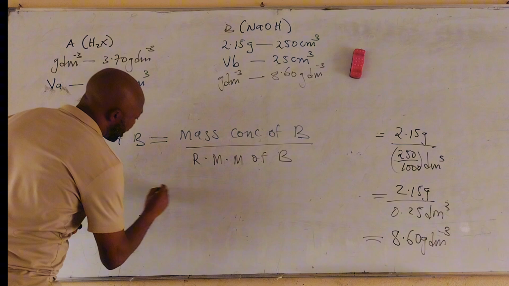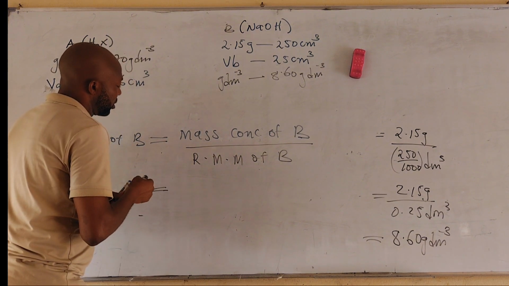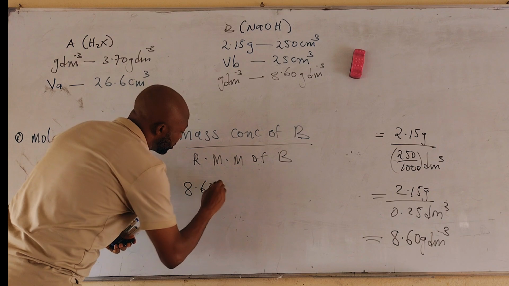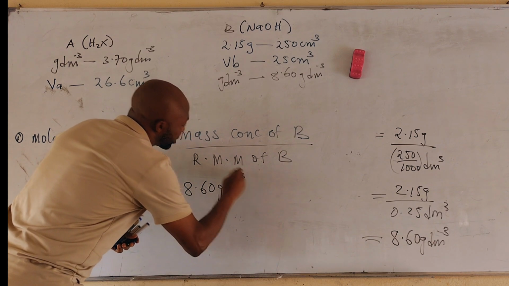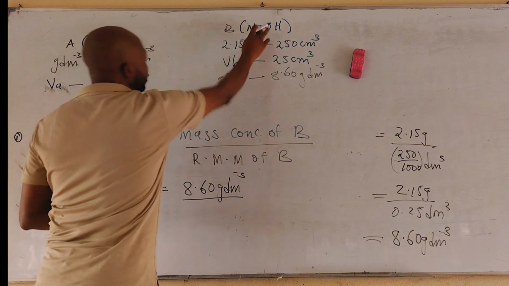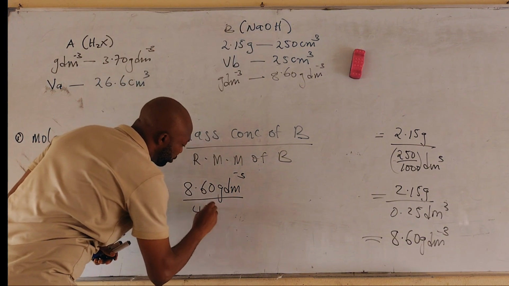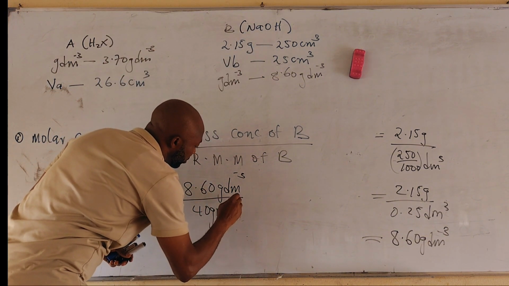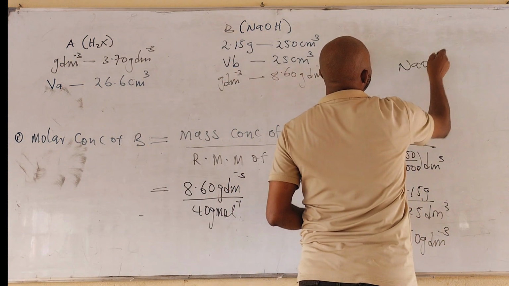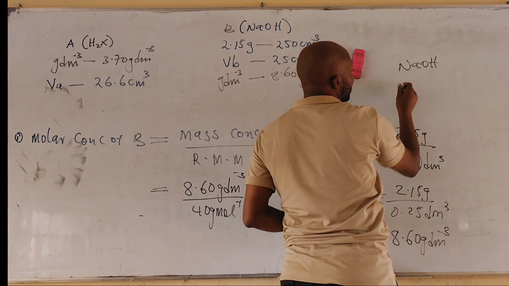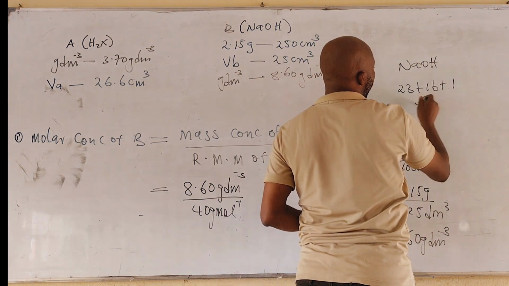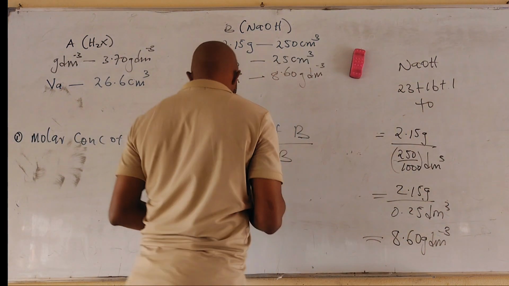So I can easily have 8.60 g per dm cube for the mass concentration over the relative molecular mass of sodium hydroxide, which is 40 g per mole. Now, how do we get the 40? This is sodium hydroxide. Sodium is 23 plus oxygen is 16, plus hydrogen is 1, and that gives us 40.